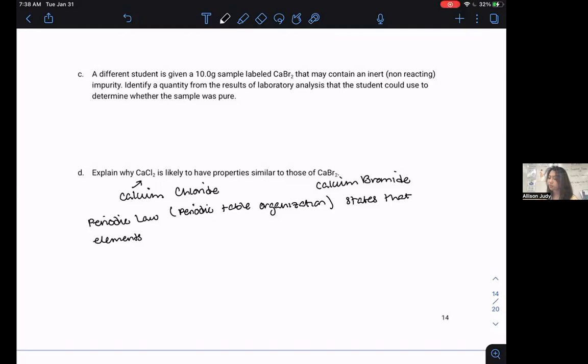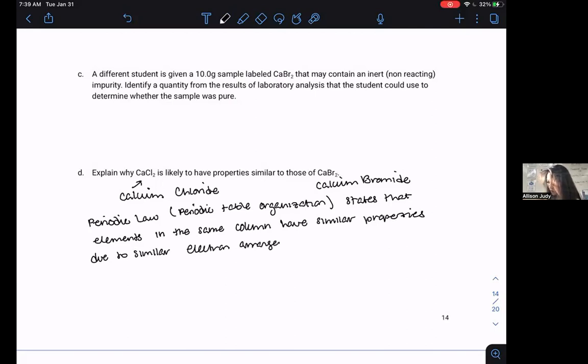So we say that the periodic law states that elements in the same column have similar properties due to similar electron arrangements. Particularly, what we really mean by that is the same amount of valence electrons. That's the real focus.